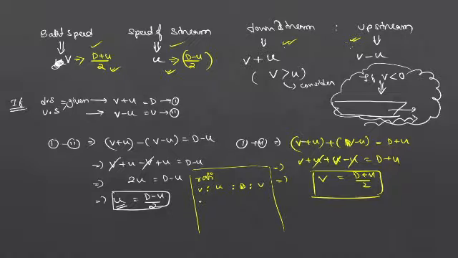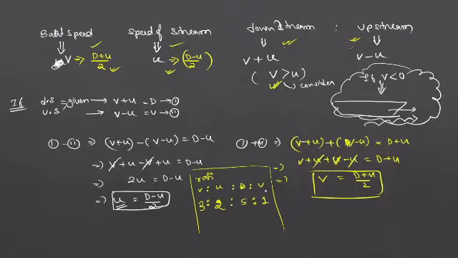Let us consider the ratio of speed of boat and speed of stream is 3 to 2. Then what is the speed of downstream? 3 plus 2 equal to 5. And what is upstream? It is 3 minus 2, equal to 1. Because v is always greater than u, we consider v minus u equal to 1.